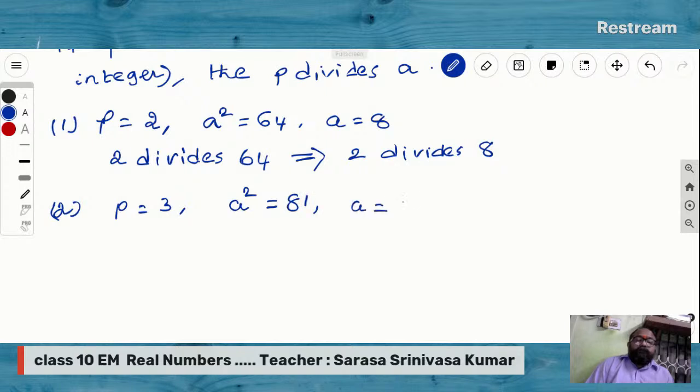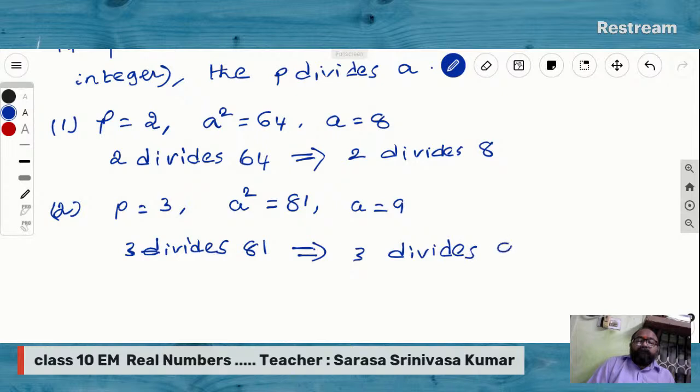Then a must be equal to 9. 3 divides 81, that is a square, implies 3 divides 9.